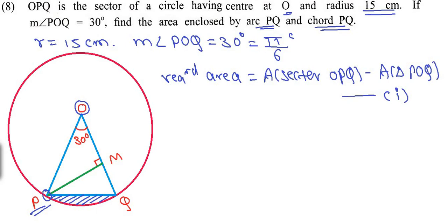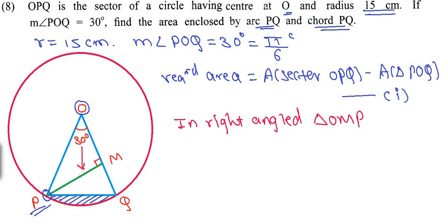Now in right angle triangle OMP, observe it carefully in the diagram. Let us use the definition of sin theta, opposite side divided by hypotenuse. Hypotenuse is the side opposite to 90 degree, that is OP.